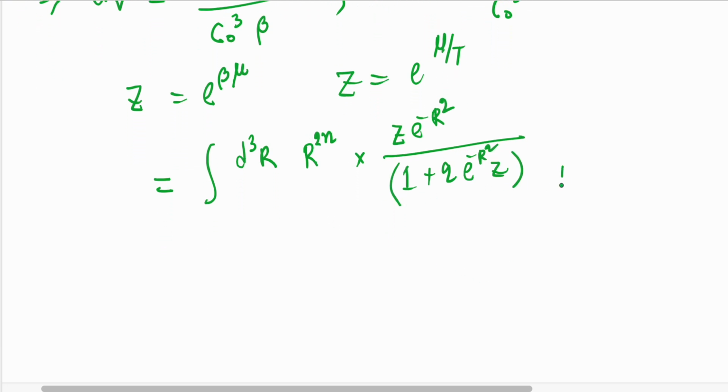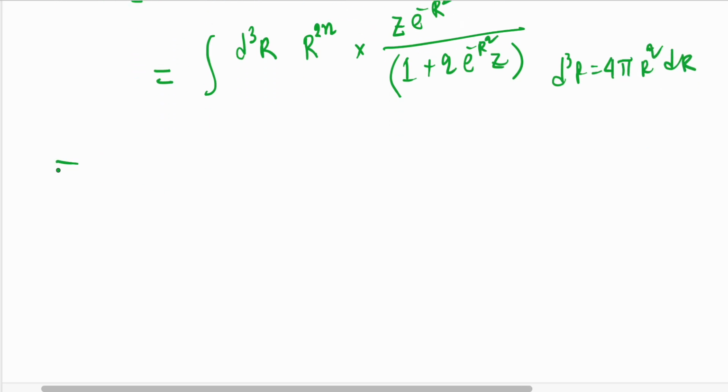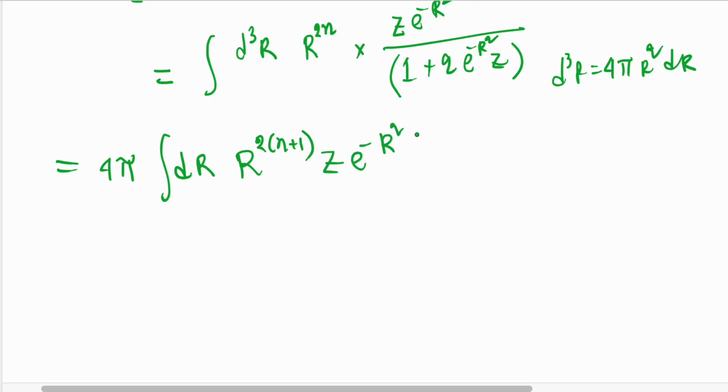Now you can write dqr as 4 pi r square dr. So we'll write that: 4 pi dr, r square will then become r^{2n+1} z e to the power minus r square, 1 plus q e to the power minus r square z to the power minus 1.